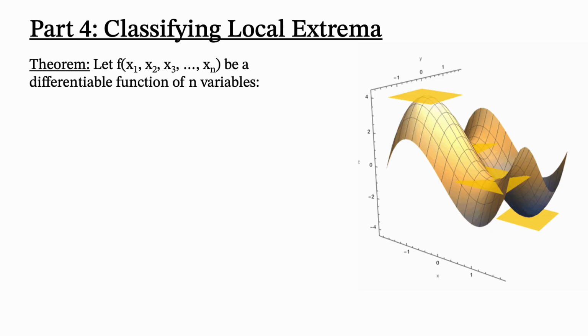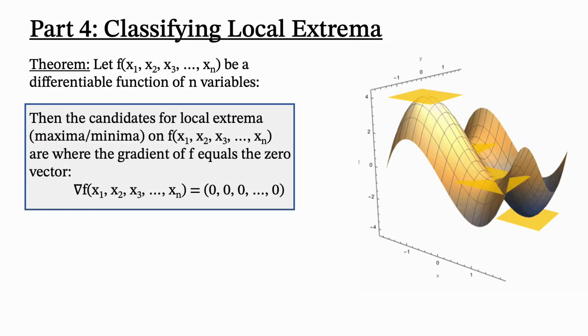So in general, here's how you do this. I have a little theorem here for a differentiable function of n variables. The candidates for local maxes and mins are the places where the gradient of f equals the 0 vector.